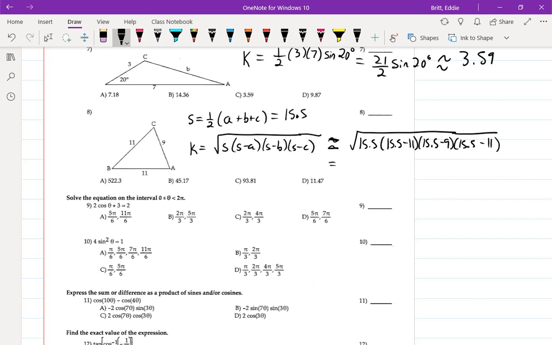All right, and for me, I'll show you again. I like to do decimals because then I can just say that's the square root of 15.5 times... Usually I can do this in my head. You can use your calculator if you want. But 15.5 minus 11 is 4.5.